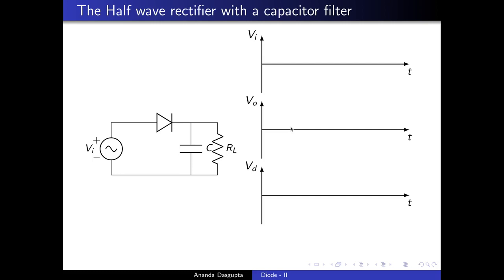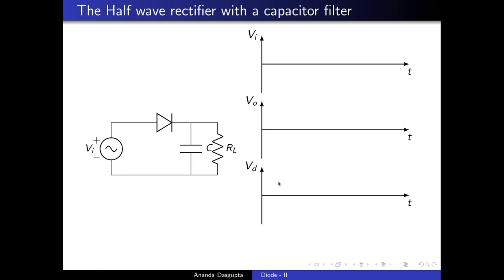I'm also going to plot the input voltage on the same curve, again in green, just so that you can compare the two and make out the difference. And here, although this is labeled VD, that's really rather wrong. I am going to plot two things here: the diode voltage and the diode current.